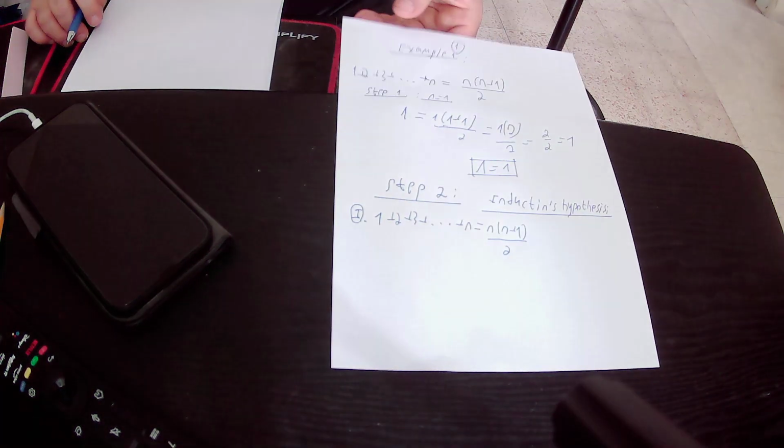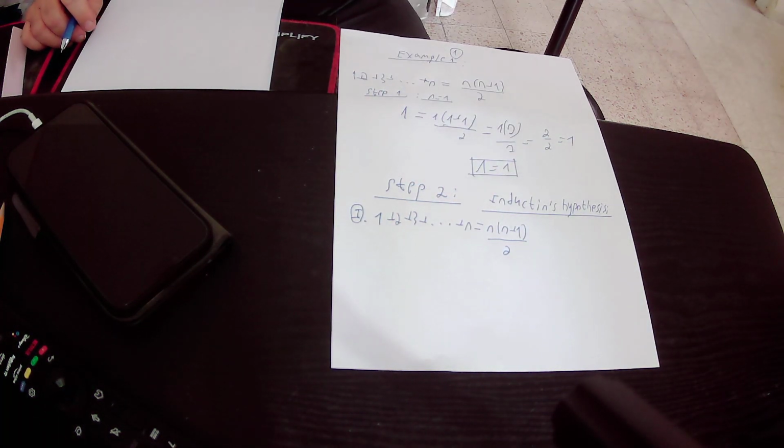So actually expression 1 is the induction's hypothesis that our statement is true for n. That is to say, 1 plus 2 plus 3 plus n equals to n times n plus 1 divided by 2.